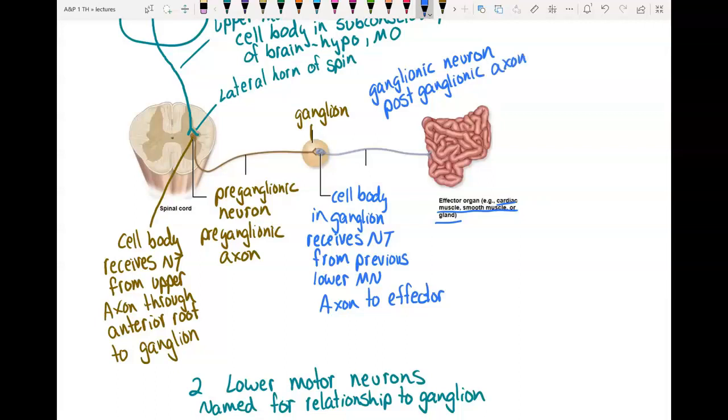This is the term we're going to use the most, so I'll put an asterisk there. In the remainder of the chapter, you're going to hear a lot about postganglionic axon. That's the one that goes from the ganglion to the effector and secretes neurotransmitter on the effector.